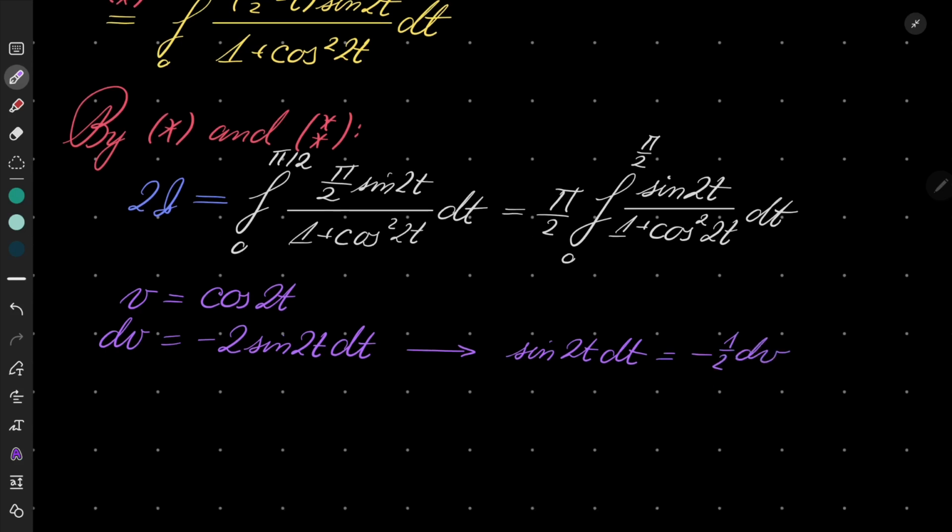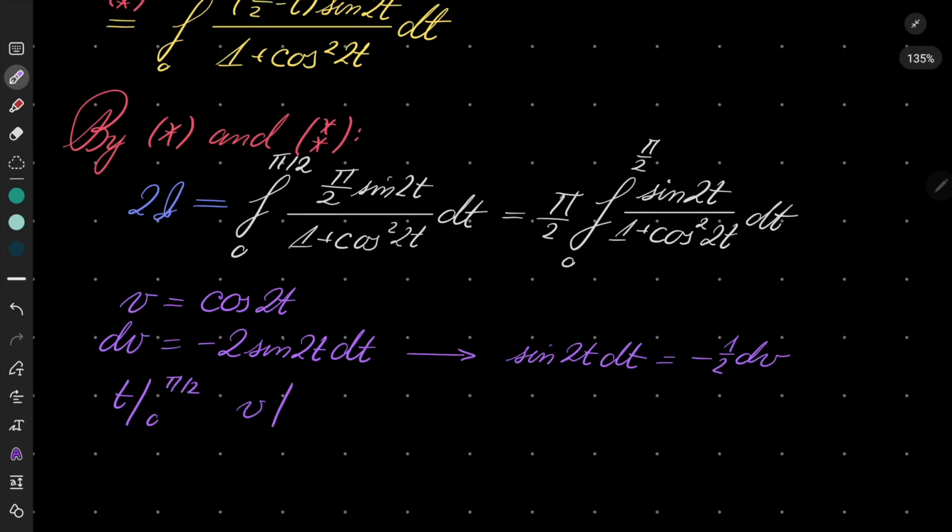And finally, what happens to the bounds of integration? Well, t goes from 0 to pi over 2, and that means that v, cosine of 0 is 1, cosine of pi is minus 1. So we have the integral from 1 to minus 1.